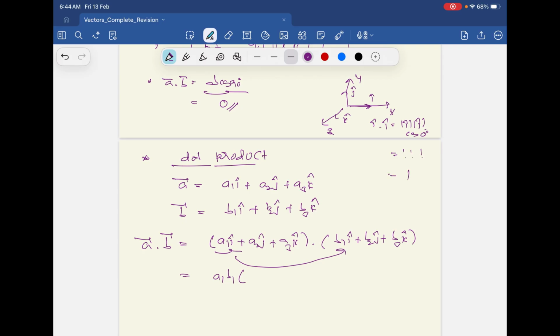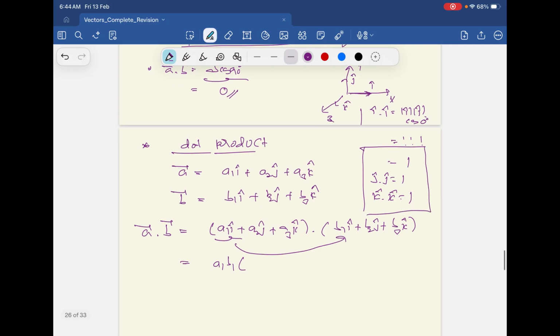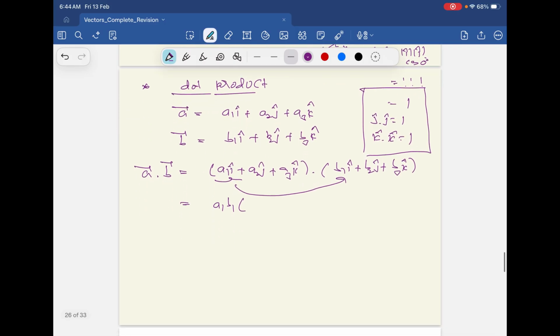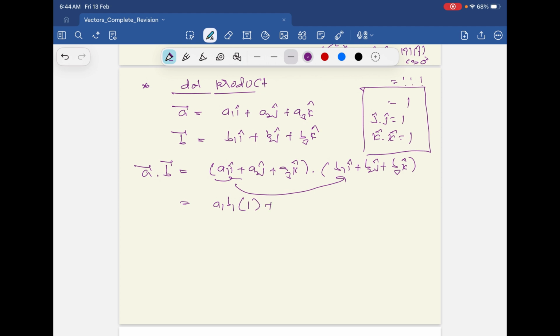So i dot i is 1. Similarly you can write j dot j is 1. Similarly k dot k also 1. You have to remember these things. Fine. Now similarly A1 into B2.